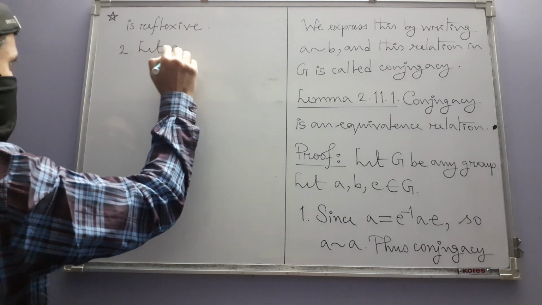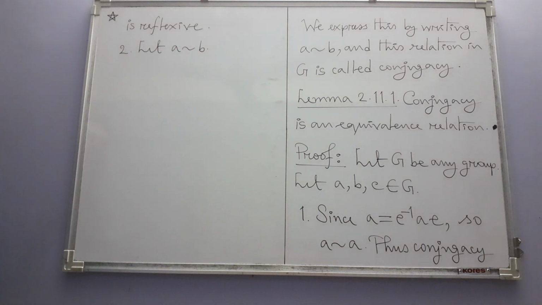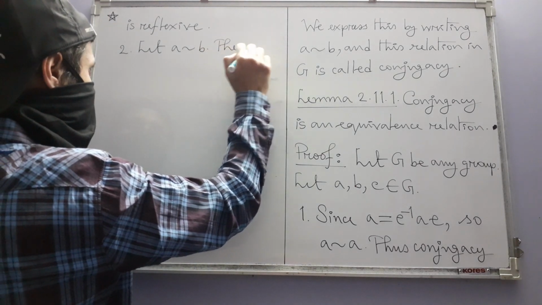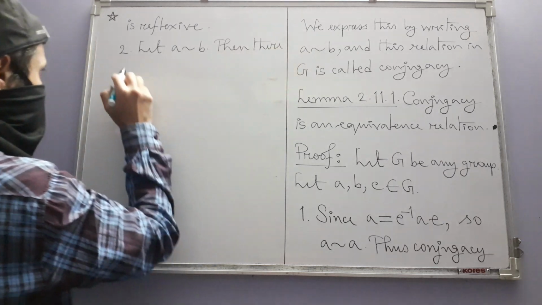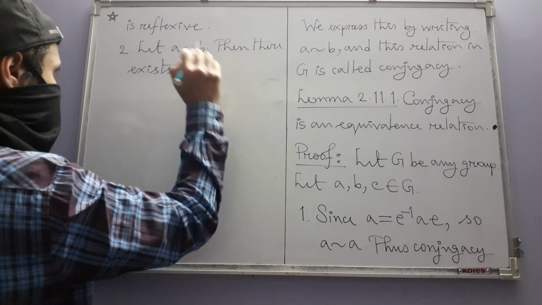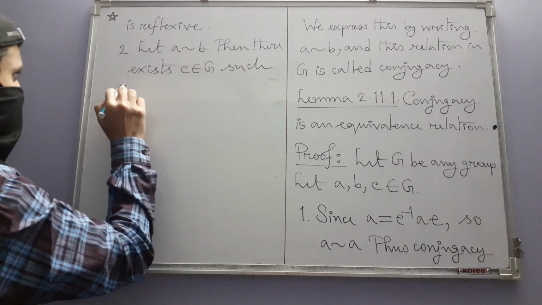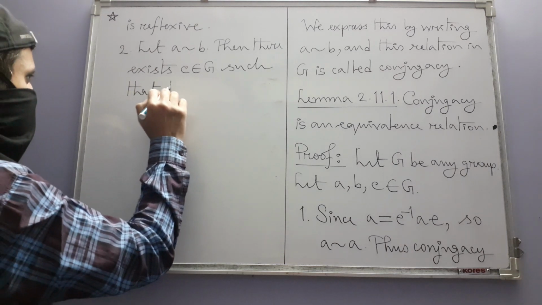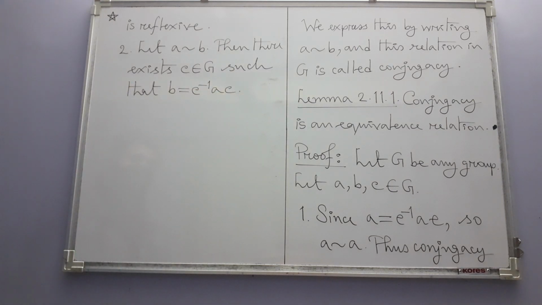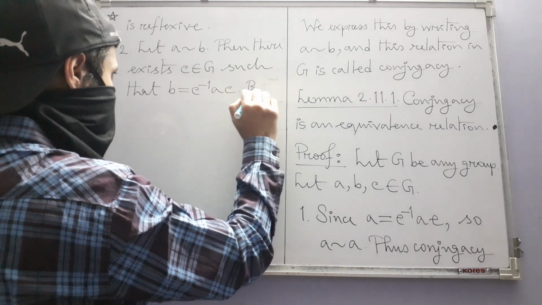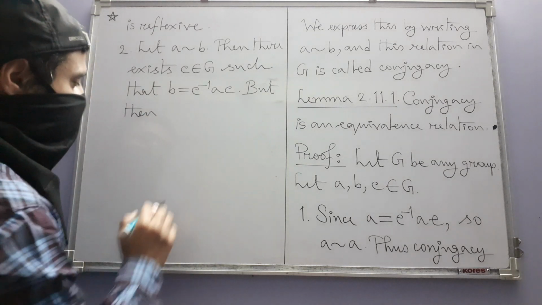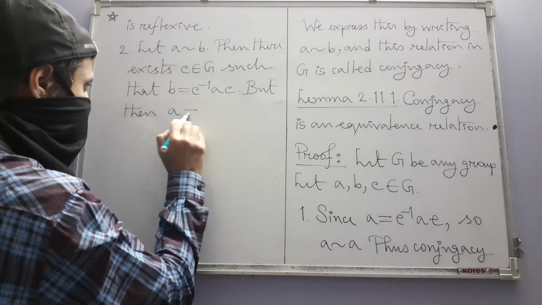Let A be related to B. That means B is a conjugate of A. Then there exists some element C in G such that by definition B is equal to C inverse AC, but then what can you write from this equation?